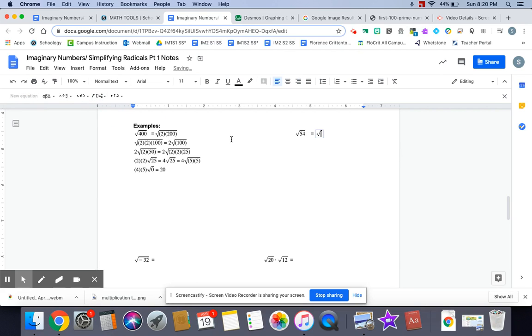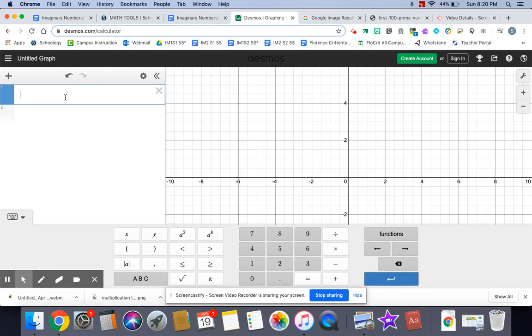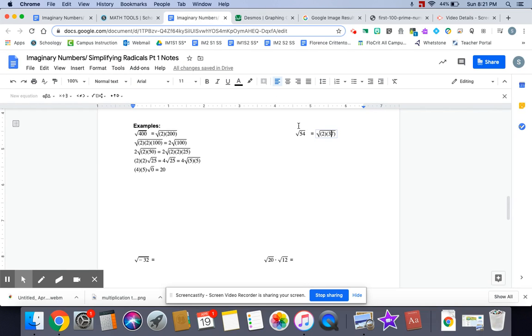Square root of 54. If I divide 54 by 2, I'm going to get 37. Now I want to check that. 27. Haha. That's what happens when you try to rush. So can I break 27 down by dividing by 2?